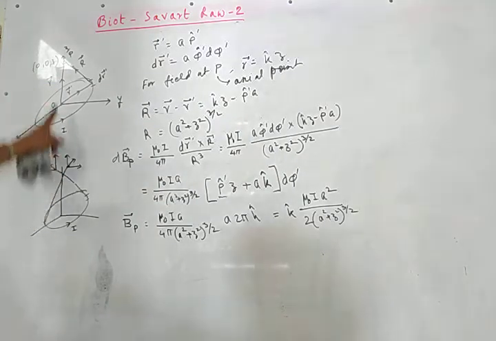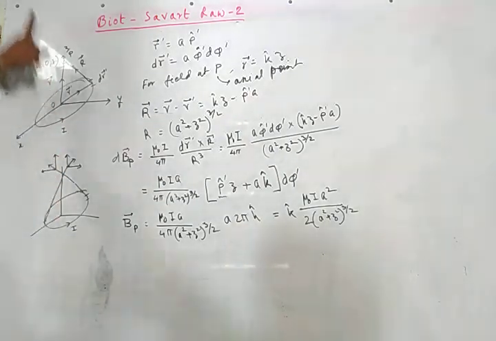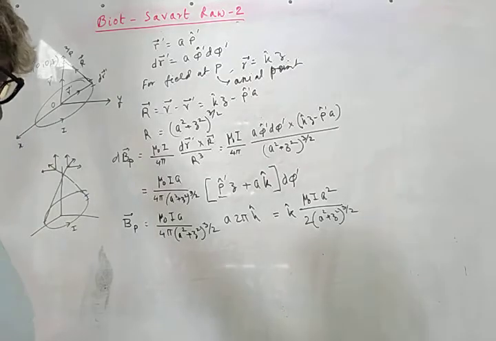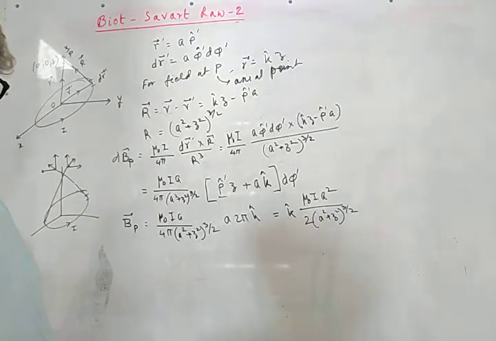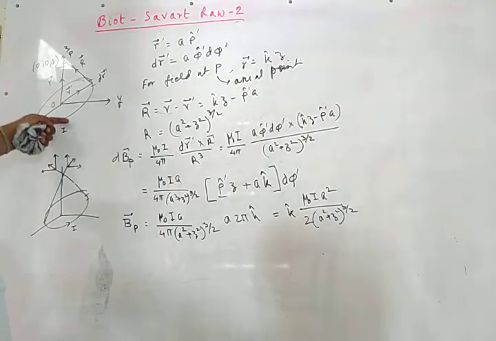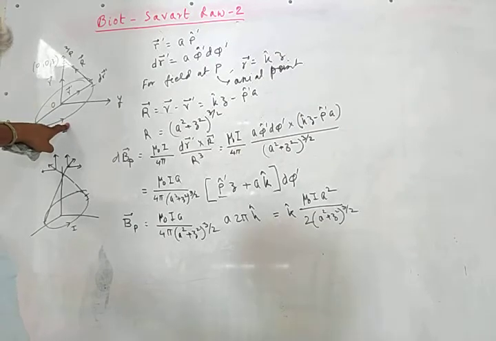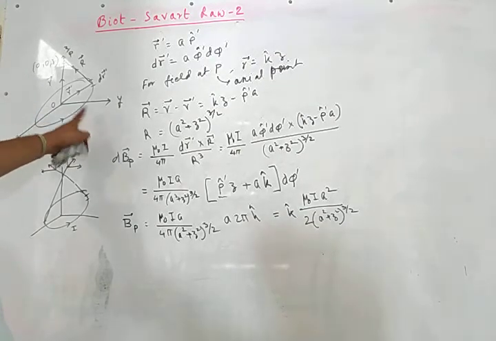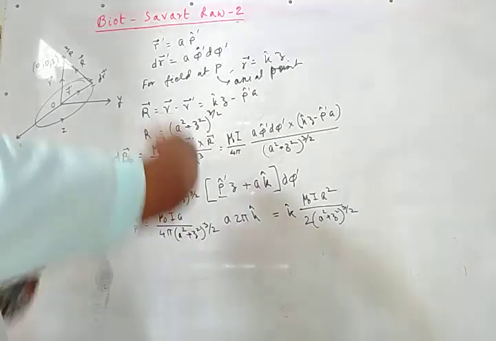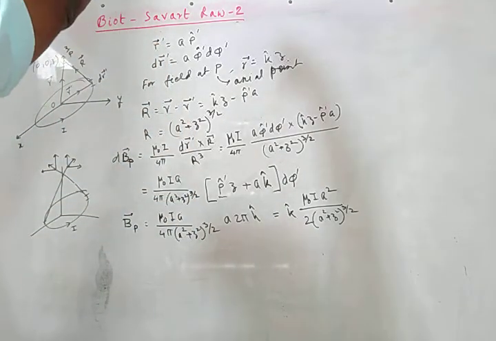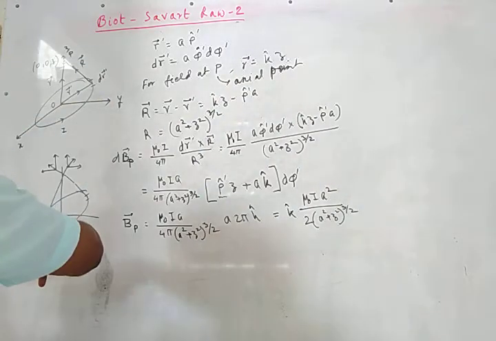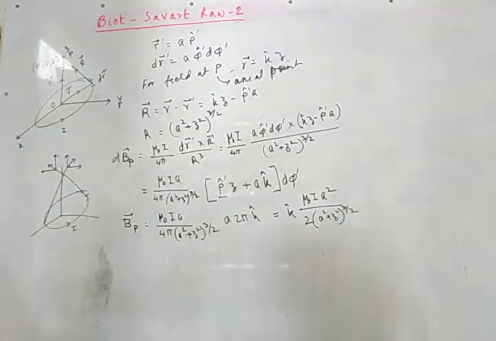All along the z-axis, the field is directed along the positive z-axis, and the direction of the field changes only when the sense of circulation is changed. That is, when the current flows in the clockwise sense, then the field at the positive z-axis or on the negative z-axis, both are directed along the negative z direction.